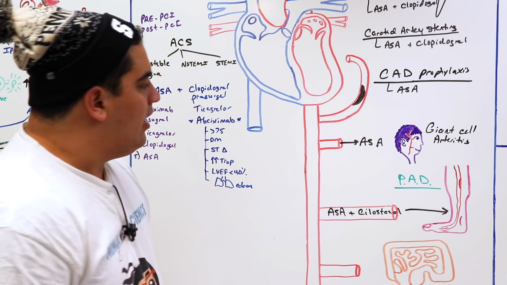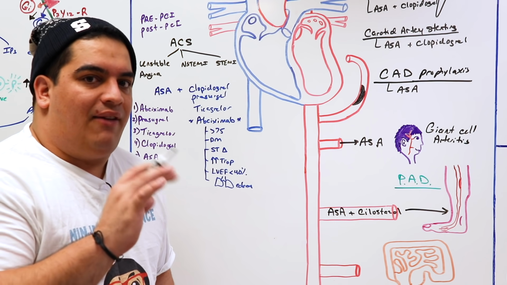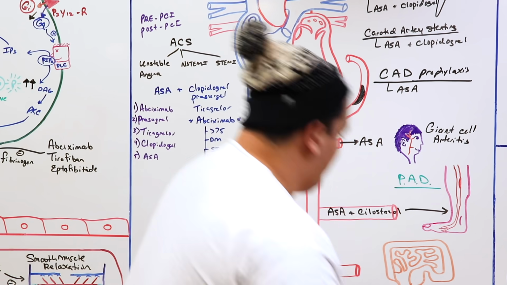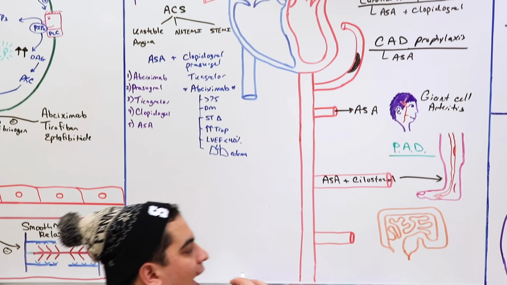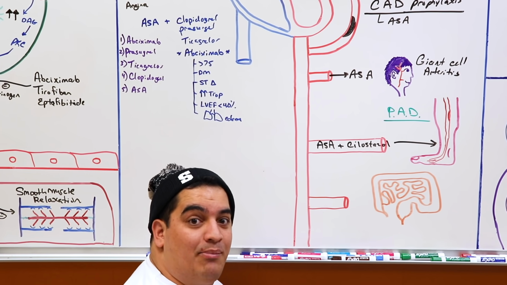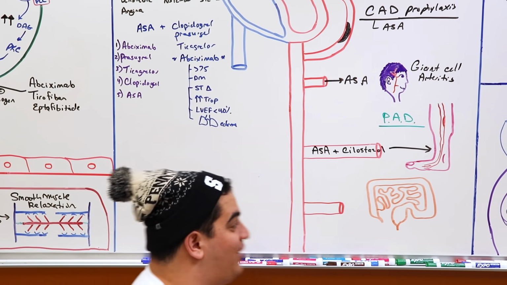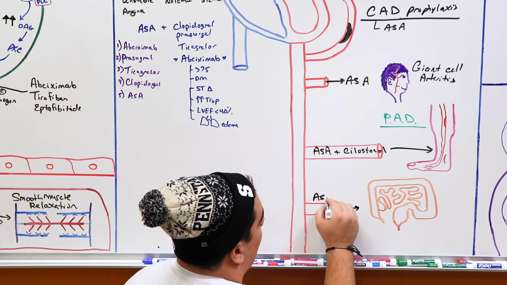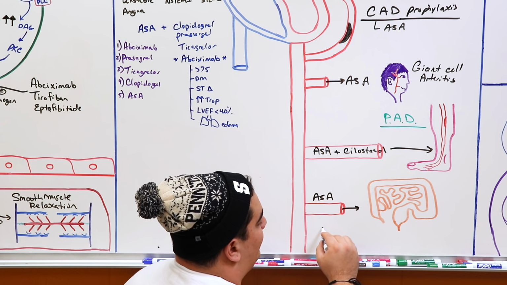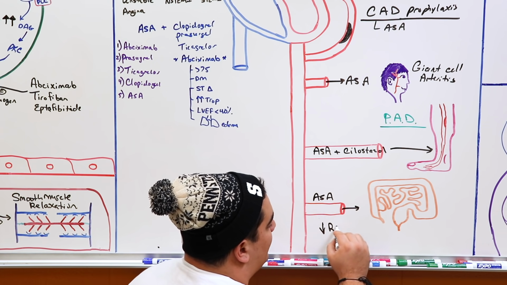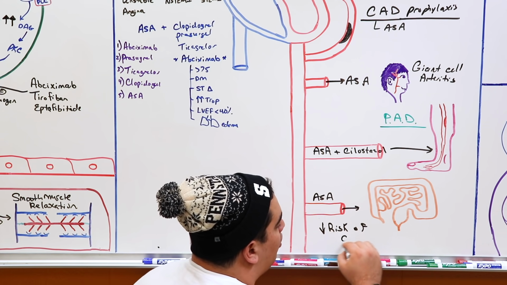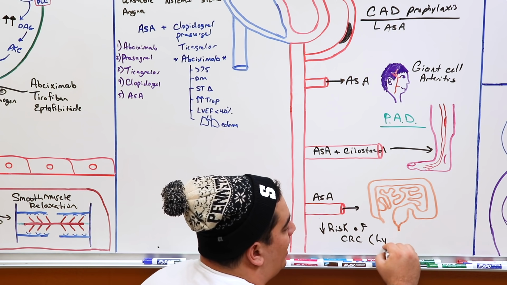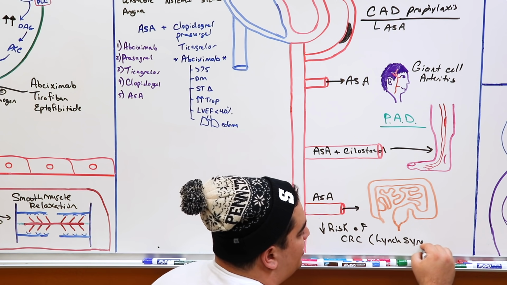Beautiful thing, right? What's super interesting, and I found extremely interesting when I was doing some research, is that aspirin has prophylactic protection from colorectal cancer. Whenever you're giving somebody aspirin, it has been shown that this can decrease the risk of colorectal cancer, particularly a type called Lynch syndrome.